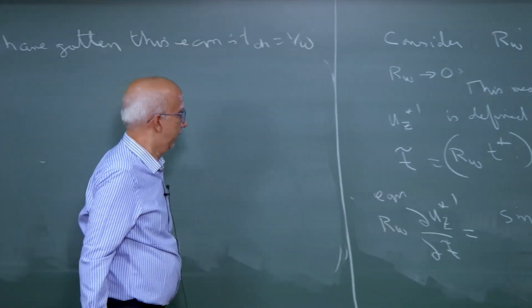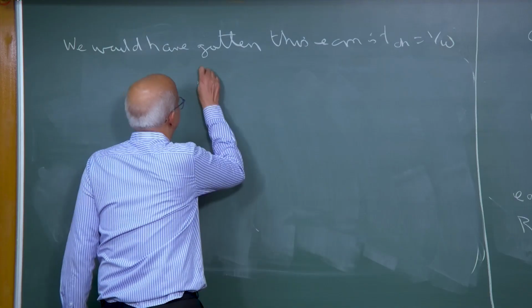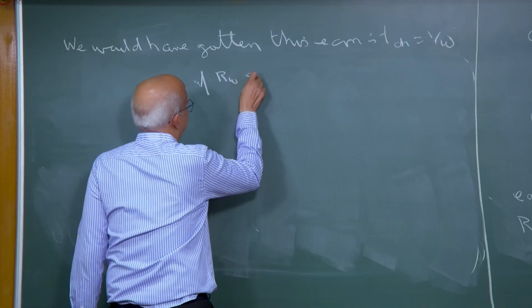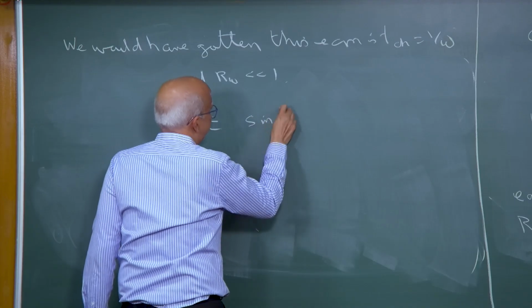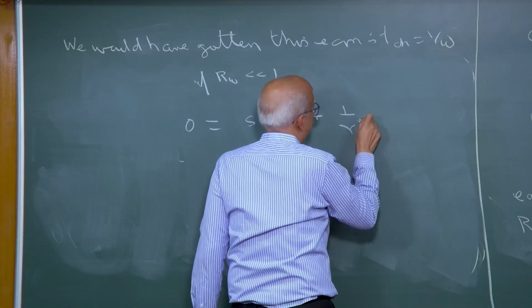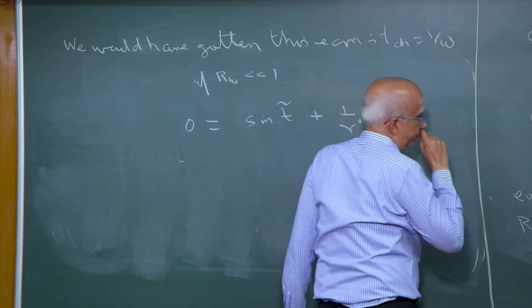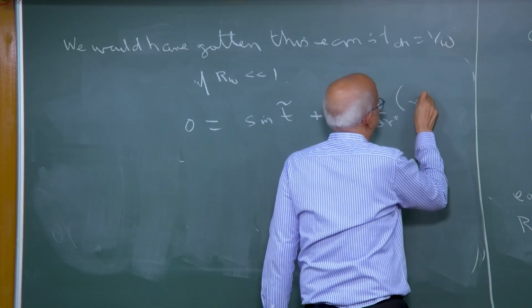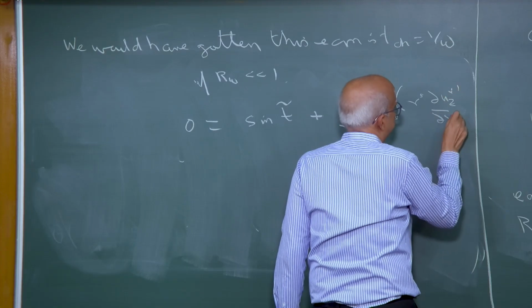Okay. So, now if RW is very much less than 1, I can approximate this as sin T tilde plus 1 by R star d by dr star of R star du z star 1 by dr star.